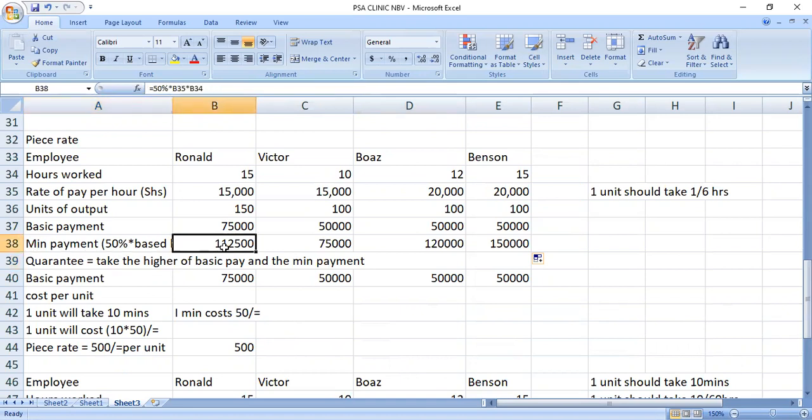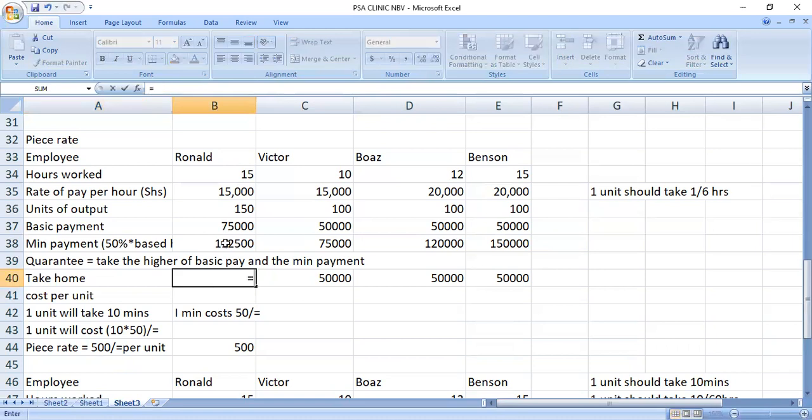In this case our minimum is 102,500, and yet the basic payment is actually 25,000. So what they will be paid is the higher of the two, which in this case is still 75.